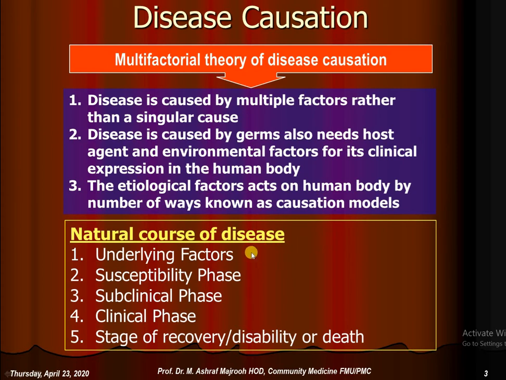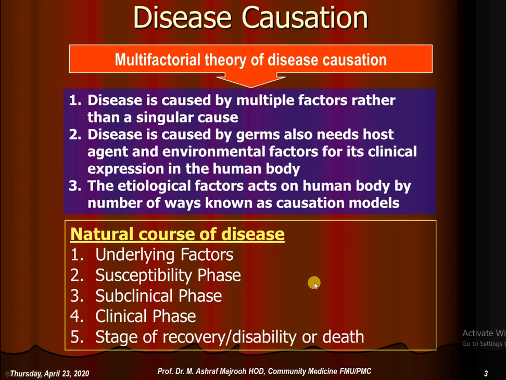The natural course of the disease falls in five steps. First, the underlying factors are interacting on the human body, and then there is a susceptibility phase. Human beings become susceptible to certain diseases, and then there is a disease expression in the form of subclinical phase, then clinical phase, and then stage of recovery or death.